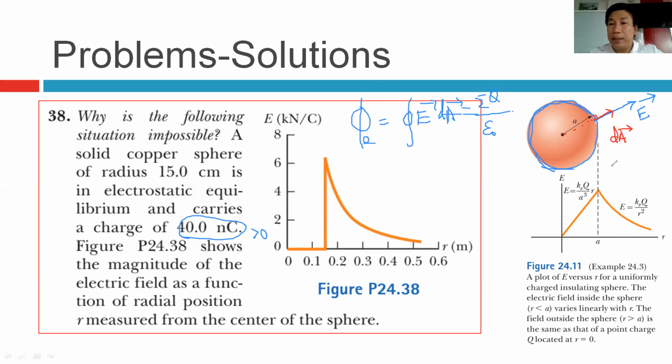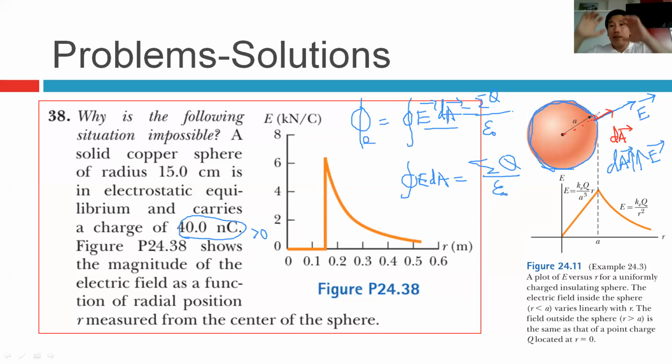And remember that here, dA and E have the same direction, so we don't need the vector sign. So we have the integral of E dA equal to the total charge Q divided by epsilon 0.